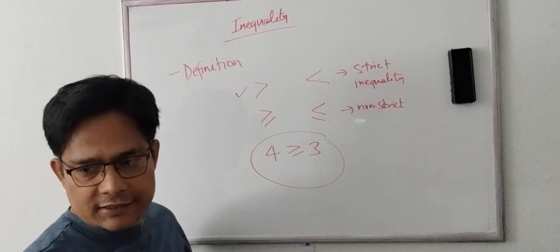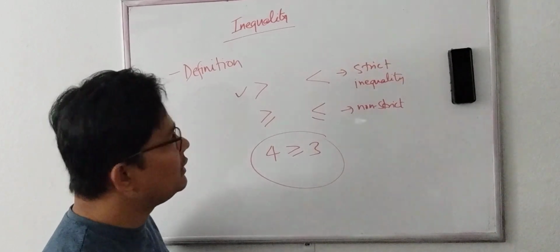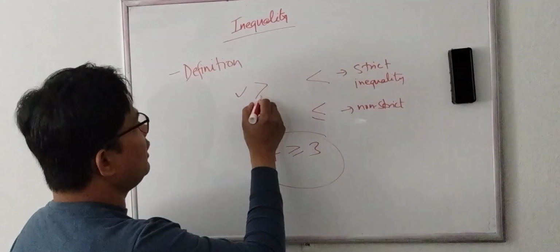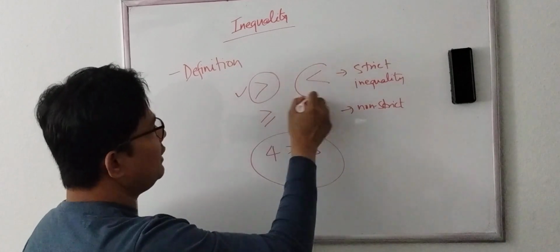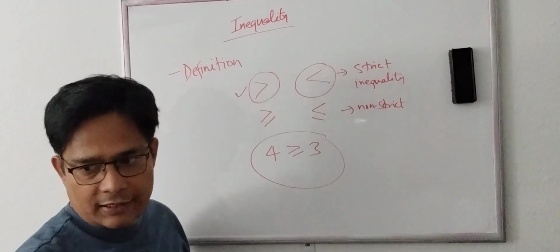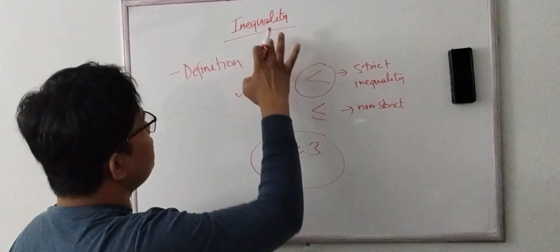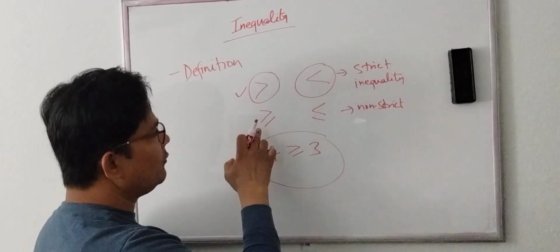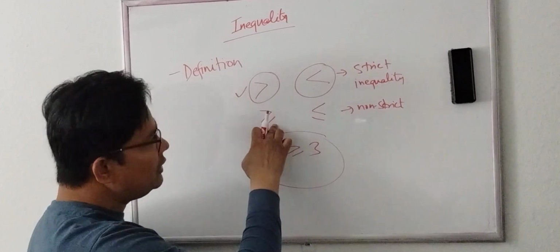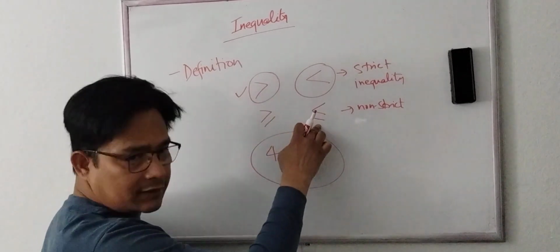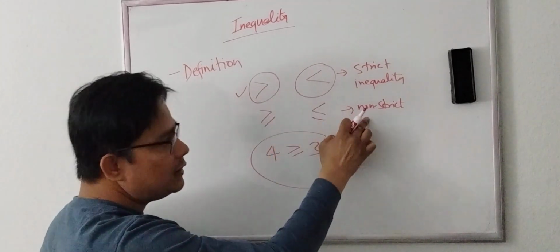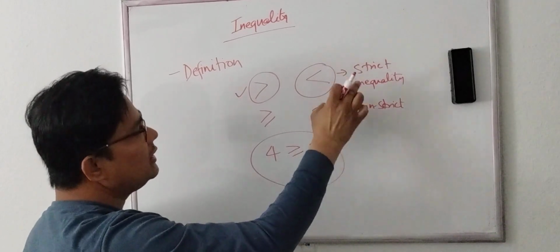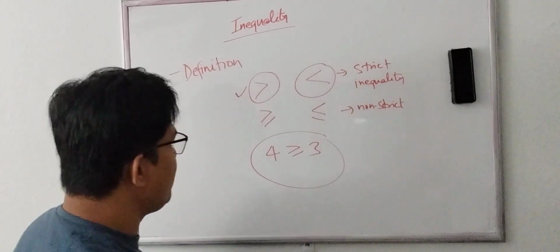When two expressions or two numbers are represented by a less than or greater than relationship, that's part of inequality. So now you understand the difference between the greater-equal sign and the greater sign, and the less-equal and less sign. This is non-strict inequality, and this is strict inequality.